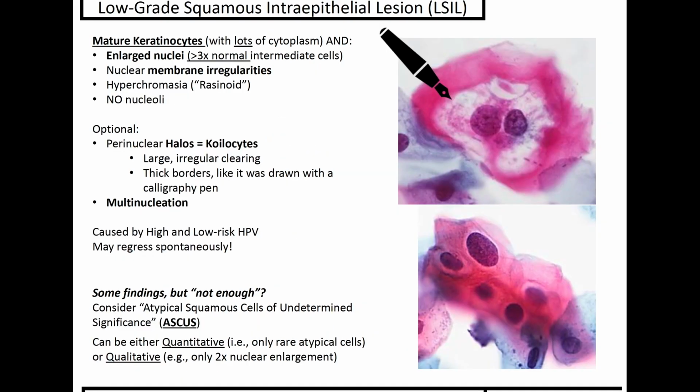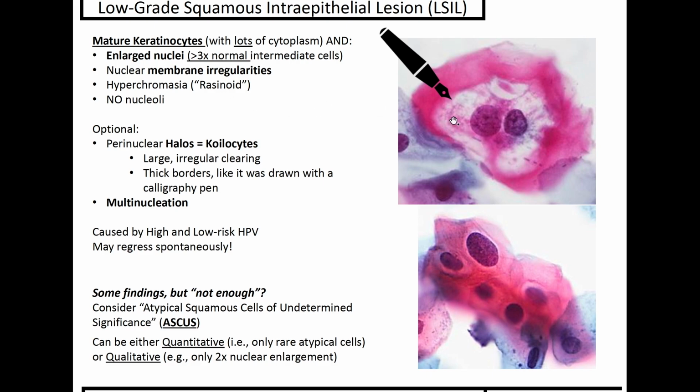Moving on. So first up, we've got low-grade squamous intraepithelial lesion, or LSIL. This is defined by mature keratinocytes with lots of cytoplasm and enlarged nuclei that are 3 times the normal intermediate cell nucleus. So if we had an intermediate cell nucleus here, we would want to be able to fit 3 of those nuclei into an LSIL nucleus, if that makes sense.